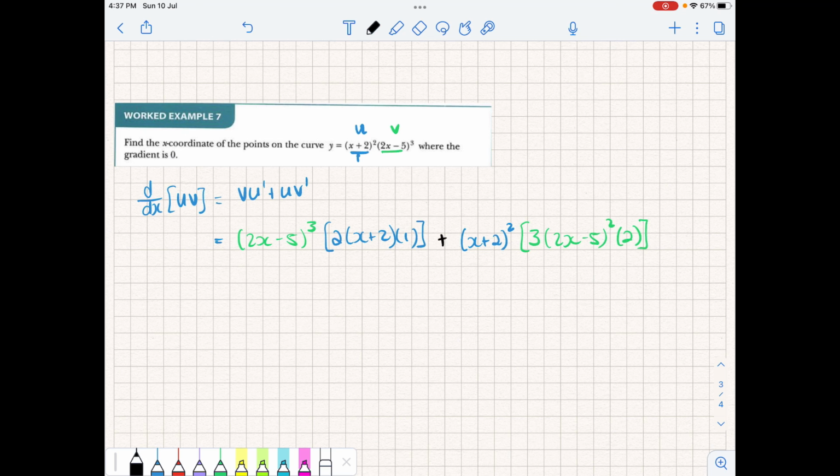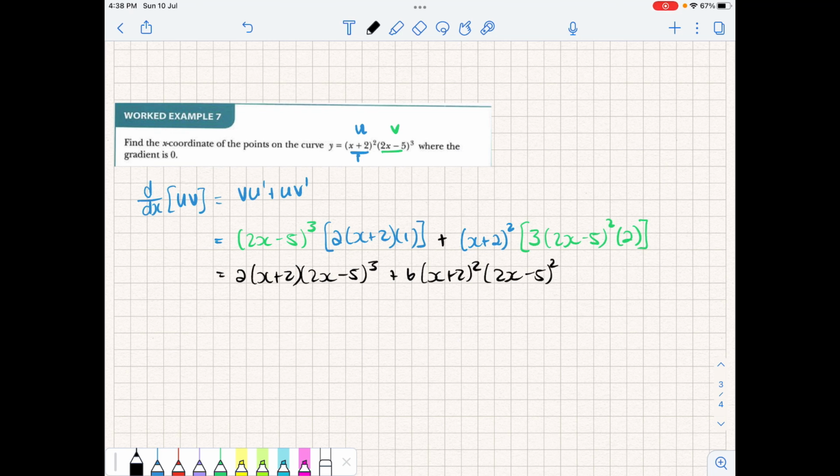And from here, we can just tidy things up. So I'm going to have out the front 2, and then I'll have x plus 2, and then 2x minus 5 cubed. And then I'm going to add 6 times x plus 2 squared and 2x minus 5 squared.